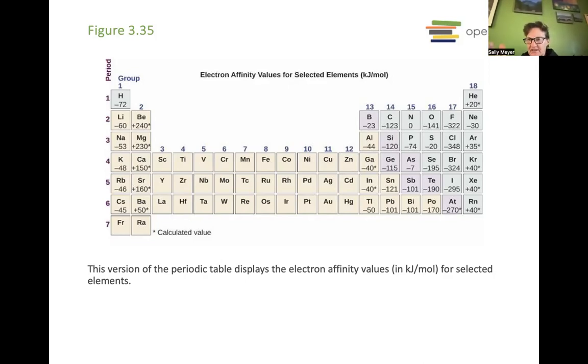Whereas when you look at the noble gases, almost all of them have positive electron affinities, meaning the electron doesn't want to stick because it's going into that new shell. Neon does have a negative electron affinity. I did not know that about neon, and that's interesting. But because neon is so small, its effective nuclear charge is greater than, for example, if you go down to argon and krypton.